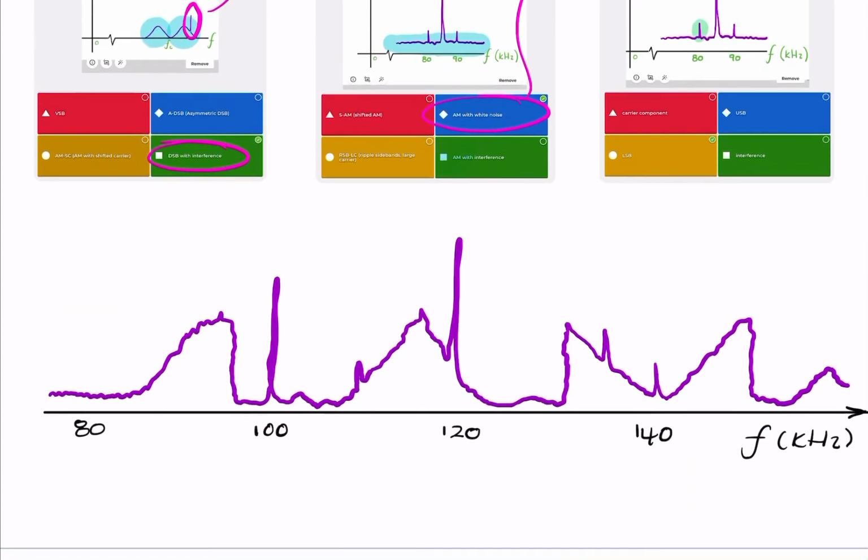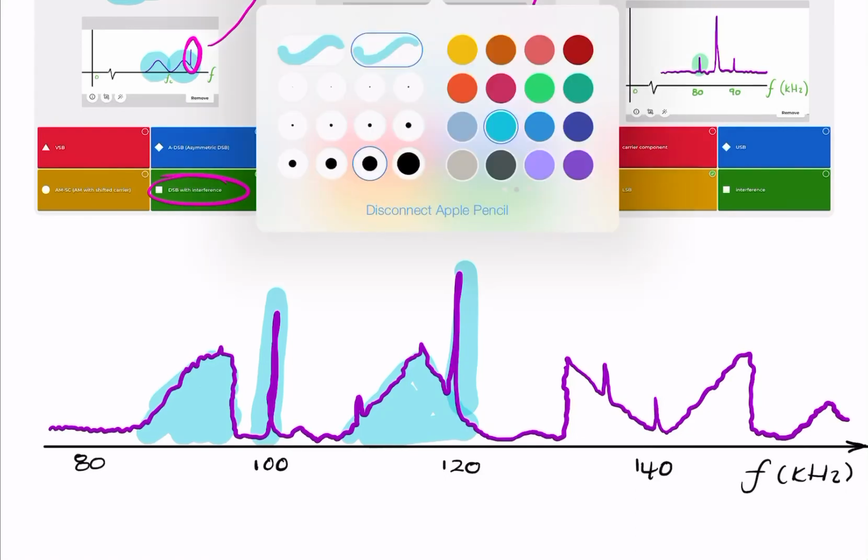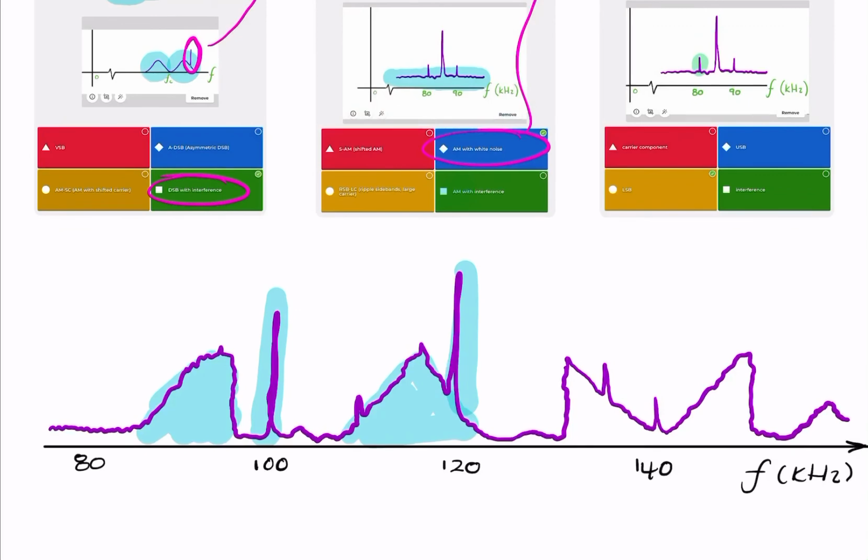And if you look at this spectrum, even less neat, we have a whole load of things going on. This is probably single sideband. That might be the carrier, or that might just be an interference term. Again, here it looks like we have DSB. That looks like it's interference. But what we were actually being asked about was this.